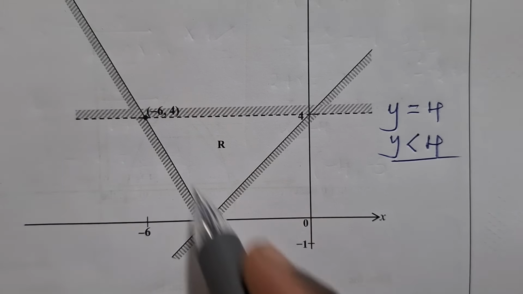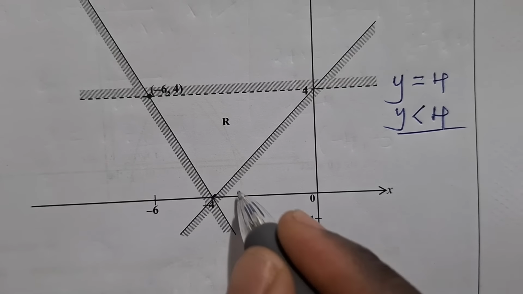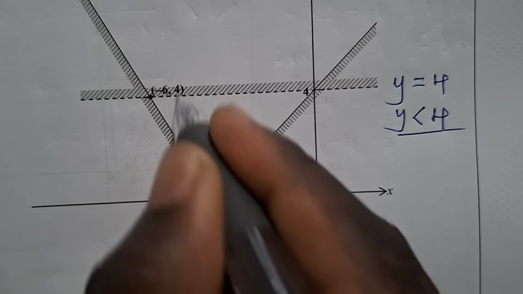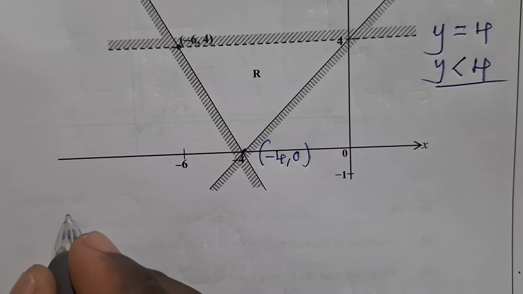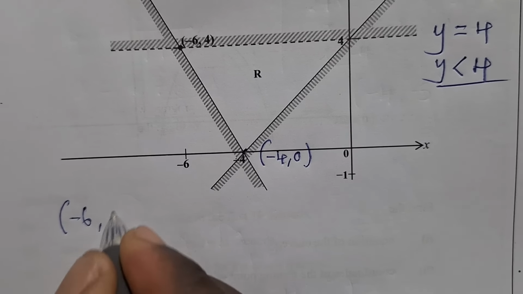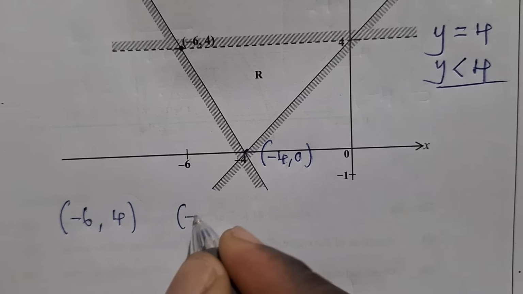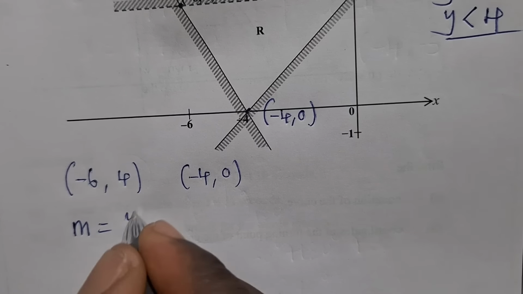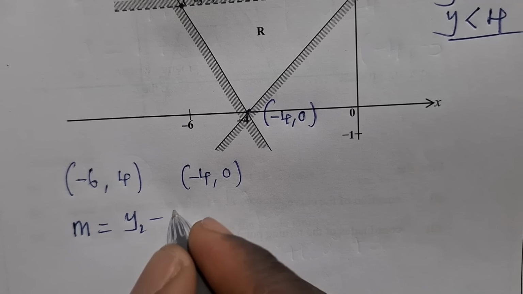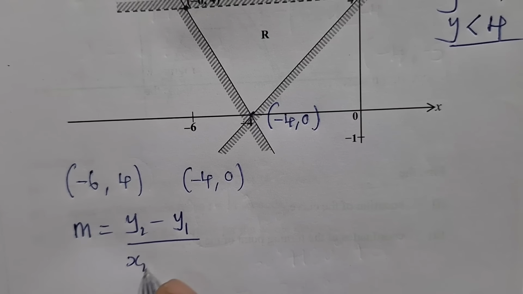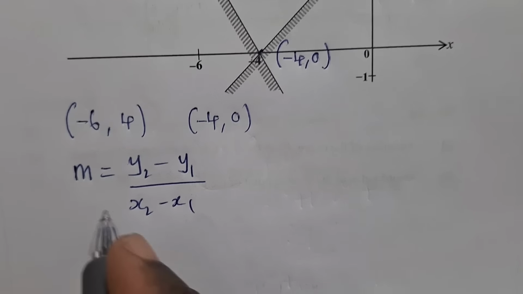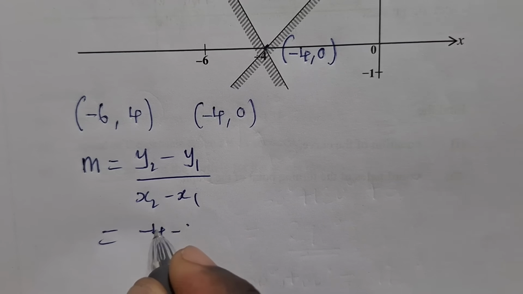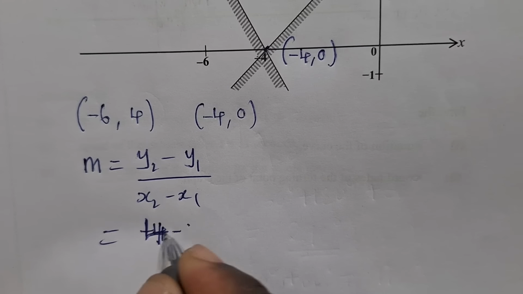We can come to this. So for this one, we pick the coordinates here. It's negative 4, 0. Here it's negative 6, 4. So let me get the coordinates: negative 6, 4 and negative 4, 0. We find the gradient, which is m equal to y2 minus y1 over x2 minus x1. What is our y2? It's 4.